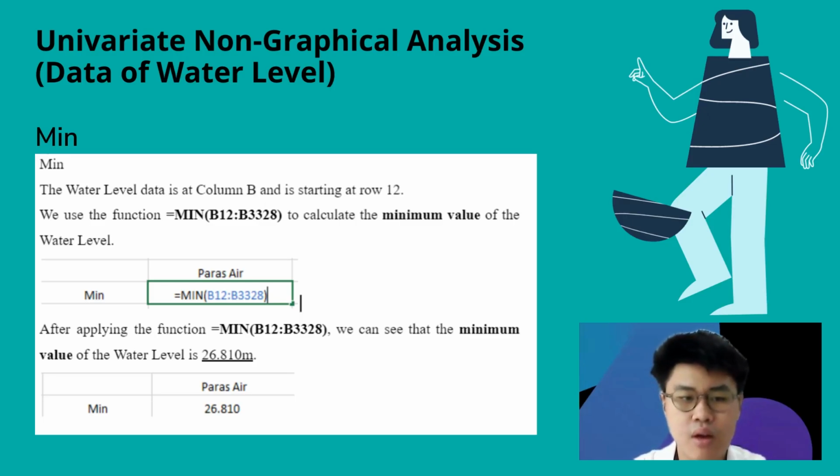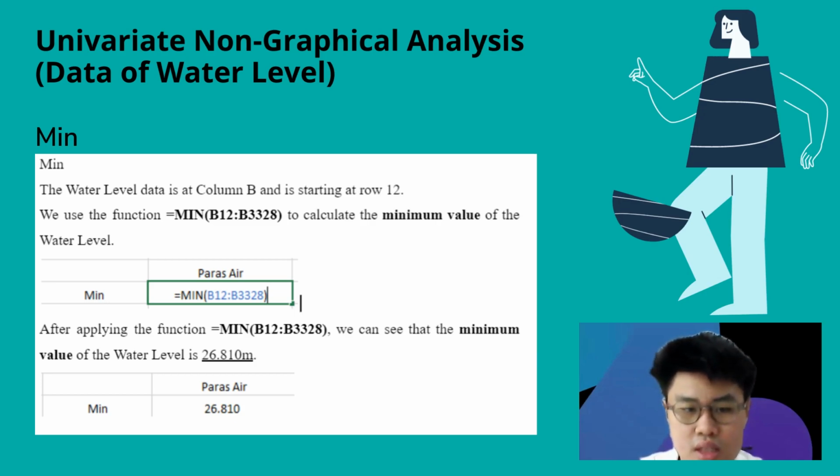Now, let me begin our presentation with univariate non-graphical analysis for data of water level. First, we calculated the mean. In our Excel file, the water level data is located at column B and is starting at row number 12.